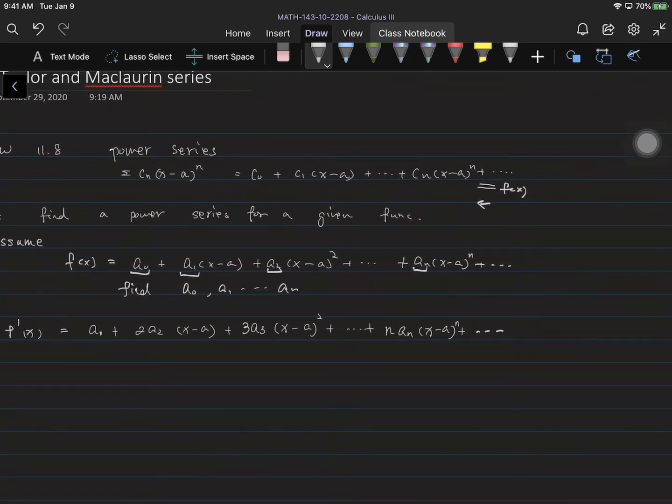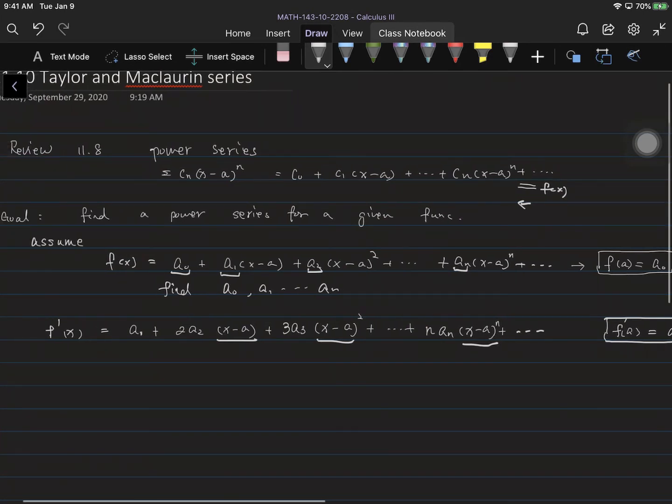If we make x equal a, what is f prime of a? All the terms with x minus a will be 0. So f prime of a just equals a1. Then we can find a1, right? And how to find a0? Same thing from the original function: if we make x equal a, f(a) equals a0. So a0 is f(a), a1 is f prime of a.